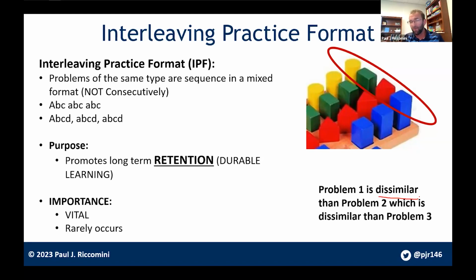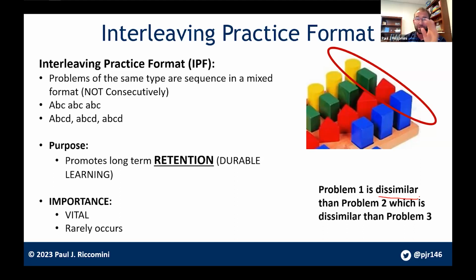When you teach order of operations, you're teaching kids to go through a process. I got to look for exponents. I got to look for regrouping symbols. I got to do multiplication and division. There's a process. So even though they don't have exponents, they're still going through the same process. That's going to be blocked. What we are looking for is dissimilar problem types mixed together.